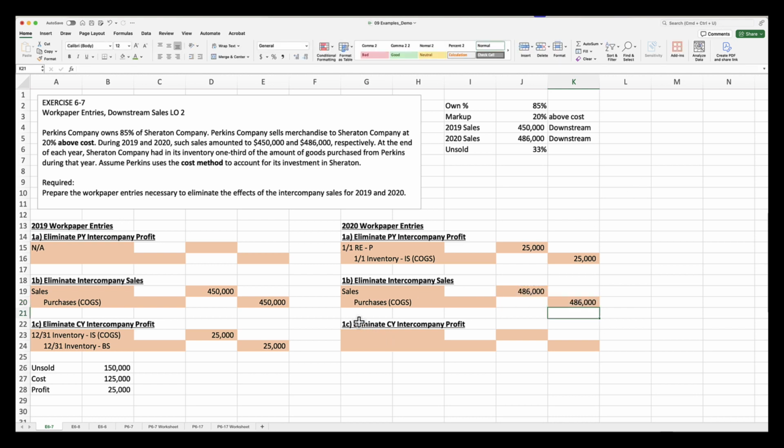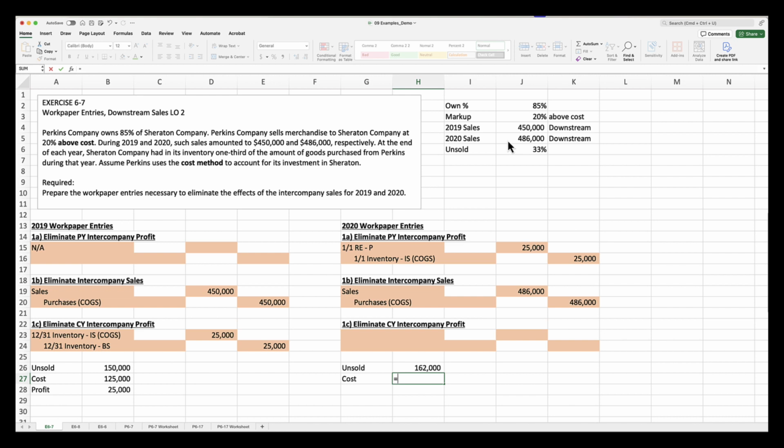And then we again need to calculate how much inventory is in the ending inventory of our subsidiary, and then how much of that is profit. So the unsold amount is going to be 33% of the 2020 sales. We're then going to calculate the cost, and in this case, the markup is 20% above cost.